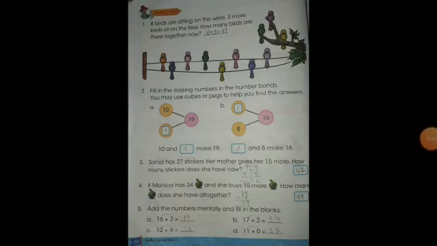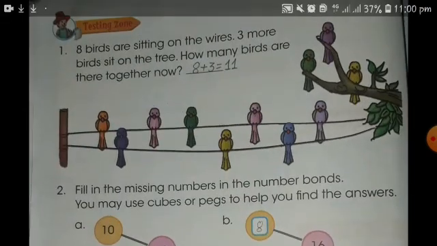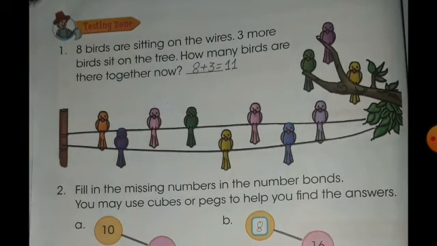We will solve word problems on page number 46. Here the first word problem in testing zone is: 8 birds are sitting on the wires. 3 more birds sit on the tree. How many birds are there altogether now? Here 2 keywords are used in this statement, more and altogether.